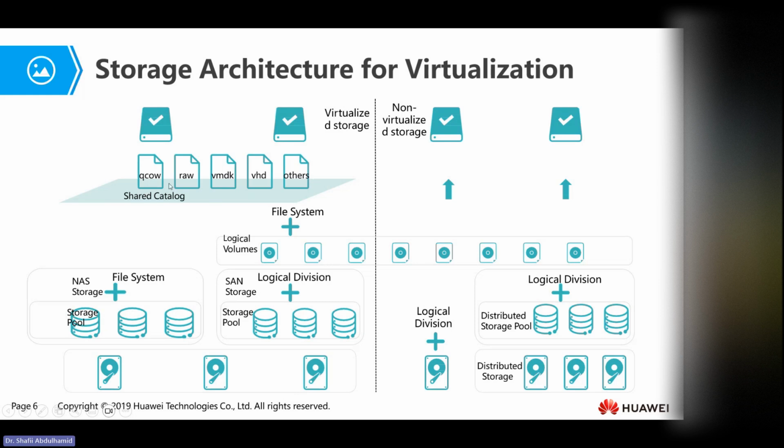Basically, the shared catalog is that space that the cloud users can interact with to store information. Once information is stored here, of course, it will have to go through these various stages to the lowest level, which is the physical storage device, and it will be stored in there. But for interaction, the users mostly always interact with the shared catalog.